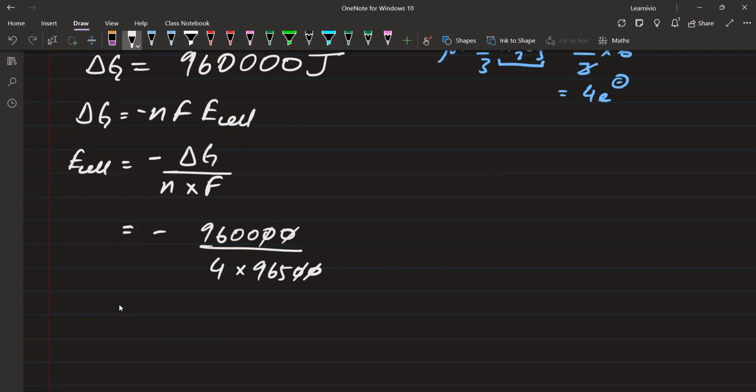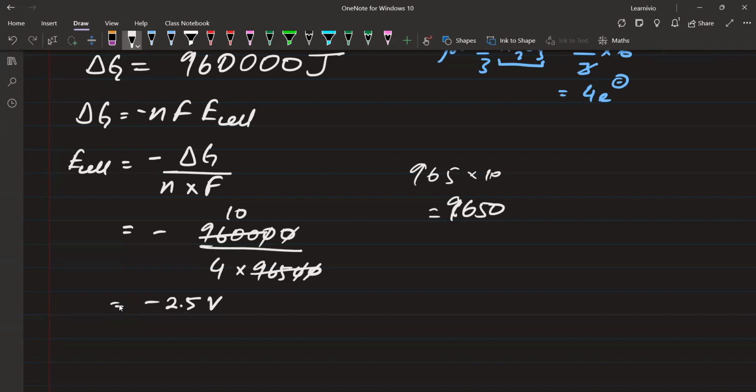By the way, approximately I can say now 965 into 10 will be equal to 9650 है ना, so which is approximately equal to 9600. It will be 9.8, 9.9 उतने करीब आएगा, ठीक है. So what is 10 by 4? It is minus 2.5. 10 by 4 will be equal to 2.5 now.